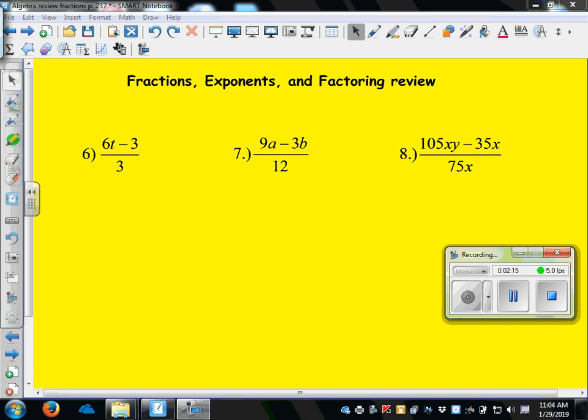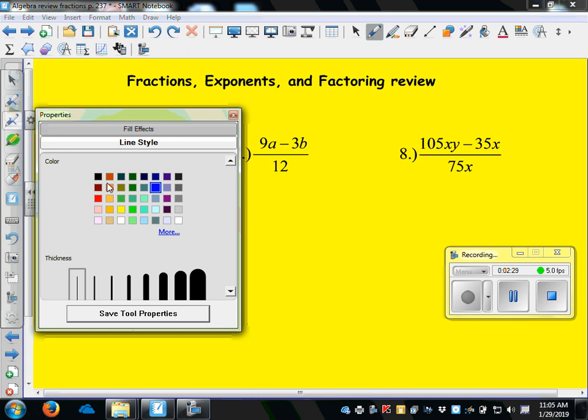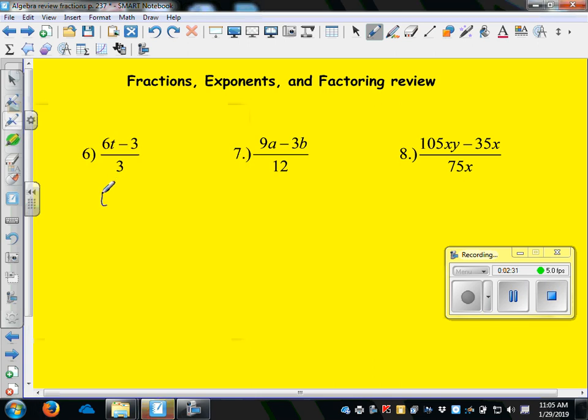Number 6. I have two options for doing this problem. The first thing I'm going to do is rewrite this as two separate fractions. If I rewrite this as two terms, I can rewrite the 6t over my denominator. So I have 6t over 3 minus 3 over 3.